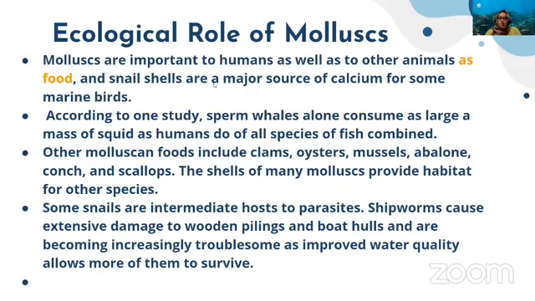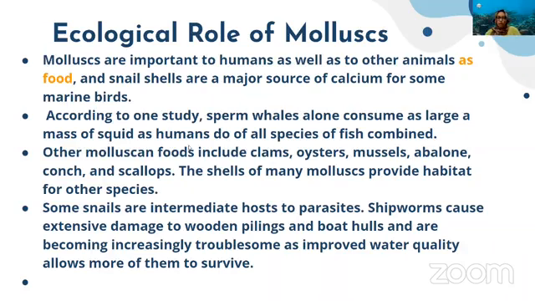Snail shells are a major source of calcium for some marine birds. According to one study, sperm whales alone consume as large a mass of squids as humans do of all species of fish combined. So you can imagine the amount of squids the sperm whales consume. It's an important food for them.